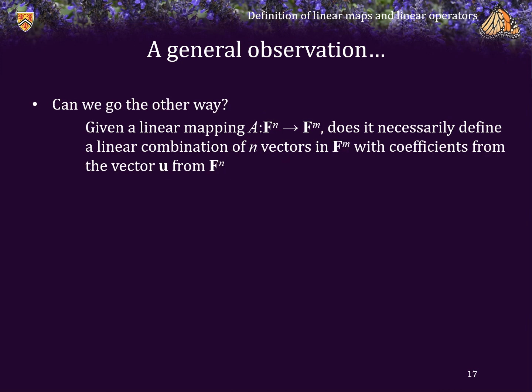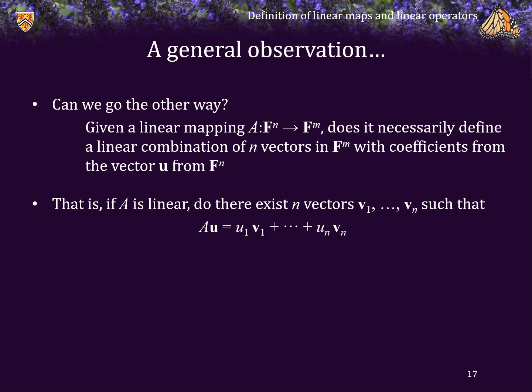Now, can we go the other way? Given a linear map A mapping F to the n to F to the m, does this linear map necessarily define a linear combination of n vectors in F to the m with the coefficients coming from the vector u in F to the n?